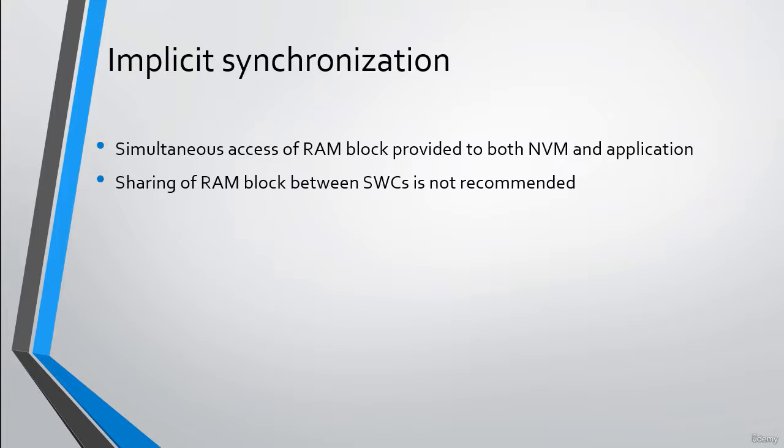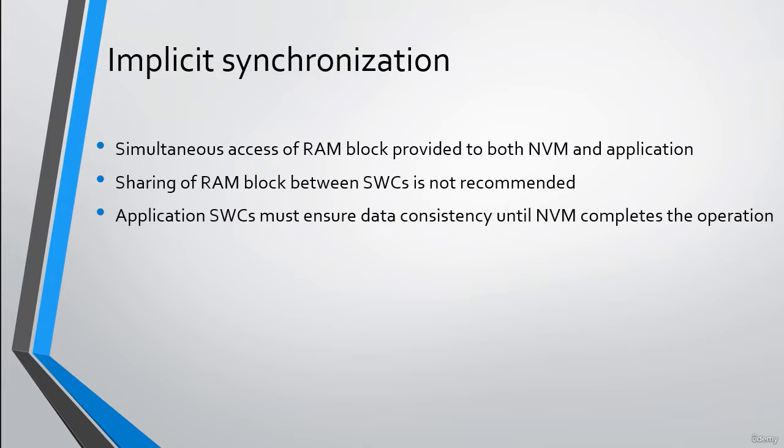Also, the application software components must ensure data consistency until NVM completes the operation. For example, the NVM is doing some operation, be it read or write. During this time, the application software components should not modify the value in the RAM block.